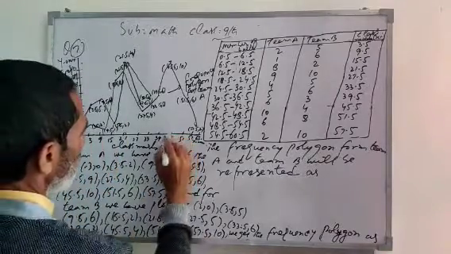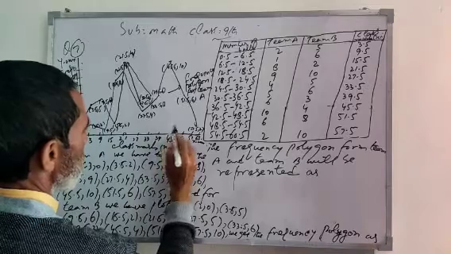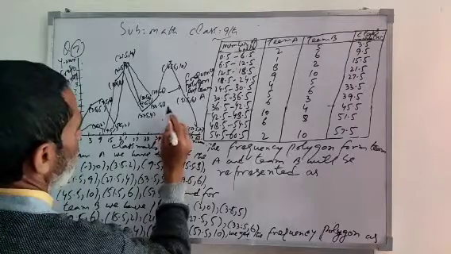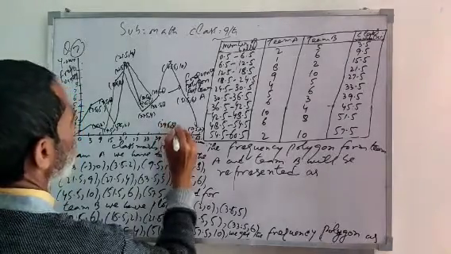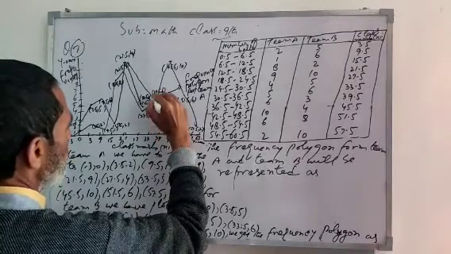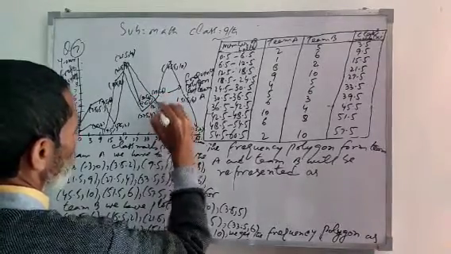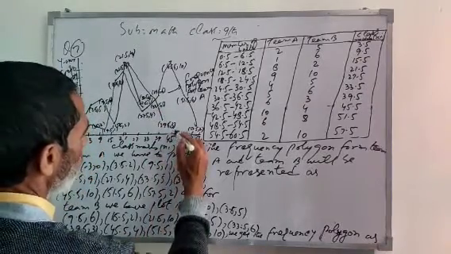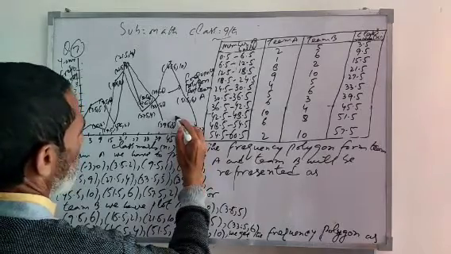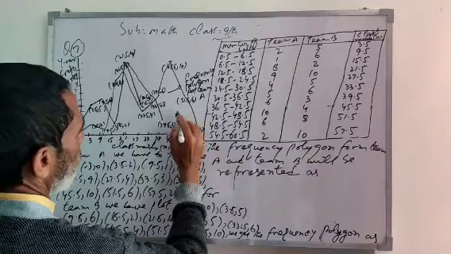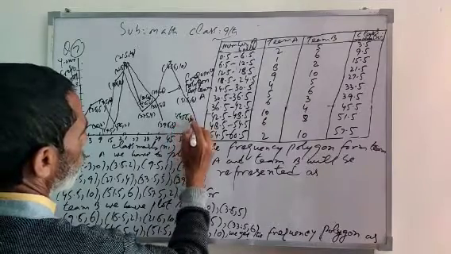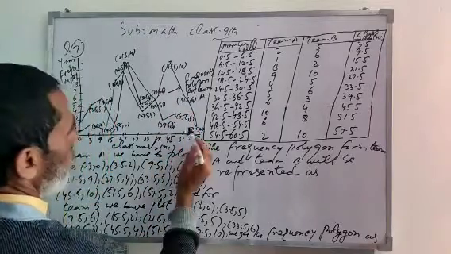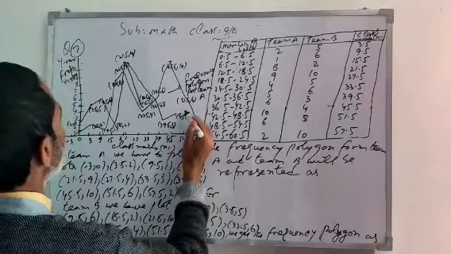39.5 comma 3. 39.5 is here, and 3 is here. This is joined. 45.5 comma 4. 4 is here. This is joined. 51.5 comma 8. 8 is here.